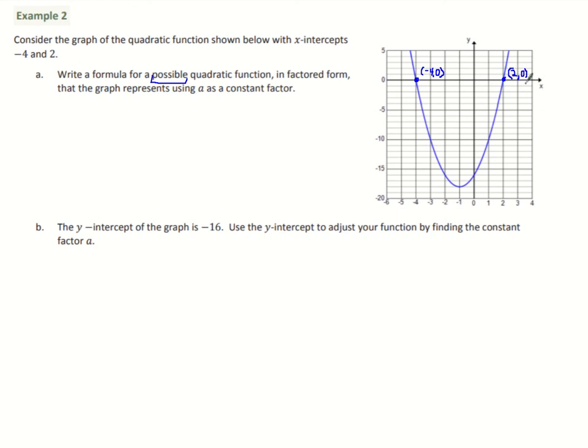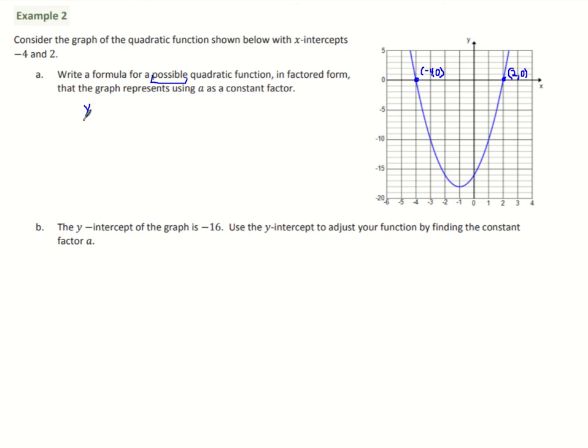So since we only have these 2 points, all we can do is make a possible quadratic function. We're going to use a as our constant factor. As a reminder, our constant factor is just that, a constant. It's going to be the number that's outside of our parentheses being multiplied by both of them.